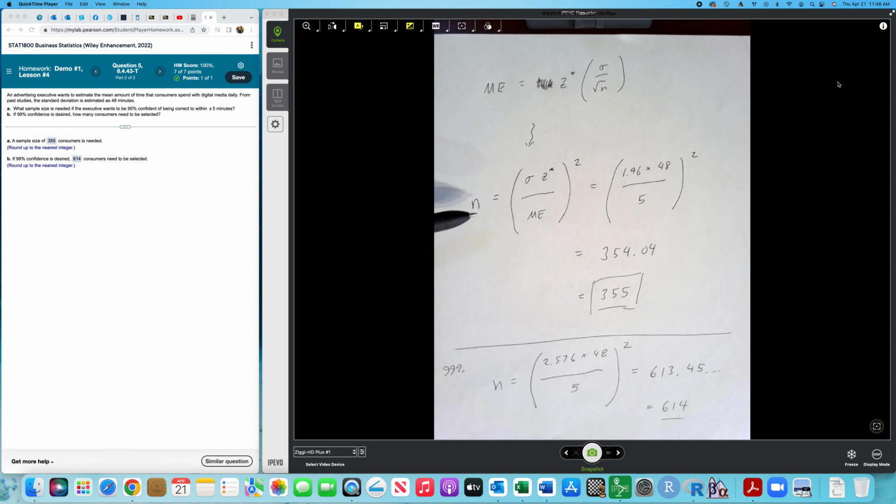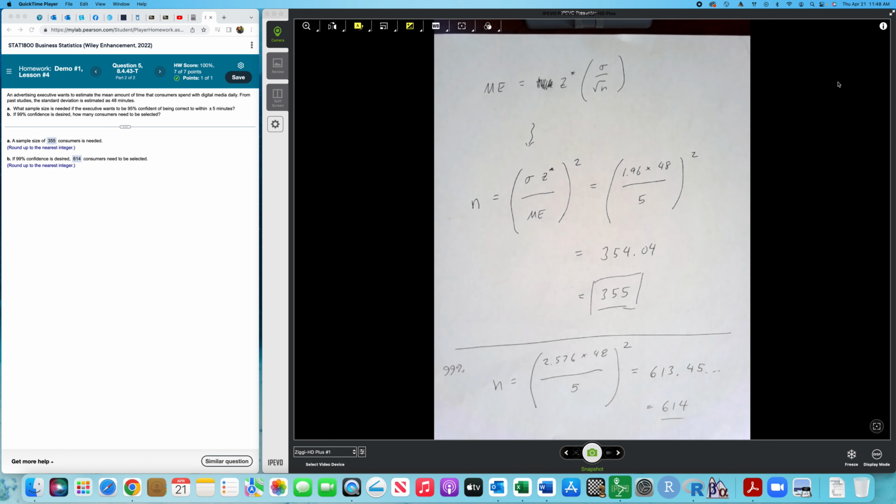The plus or minus doesn't really matter in this case. With a little bit of algebra, we can solve for n, as demonstrated in a previous video, and we find that n can be approximated by the product of the population standard deviation times z critical divided by the margin of error, all squared.